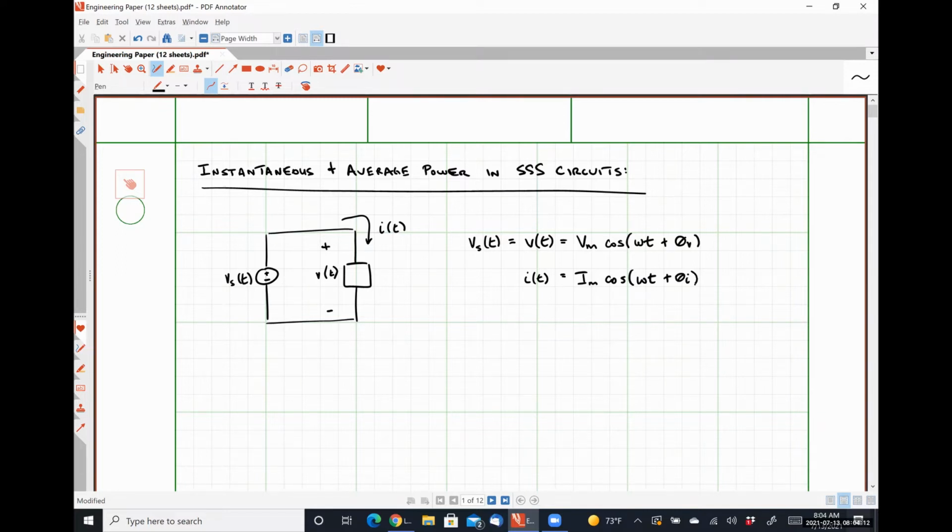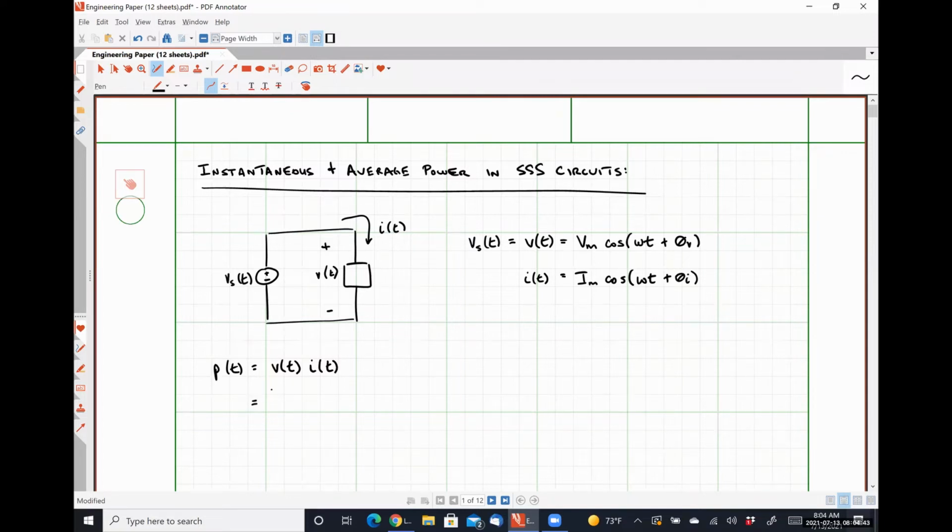So if we wanted to determine the power absorbed by this generic circuit element, what would we do? This is a first day of circuits 1 question. Yeah, P is equal to IV. So the power as a function of time absorbed by our generic circuit element will be the voltage V of t multiplied by the current I of t.